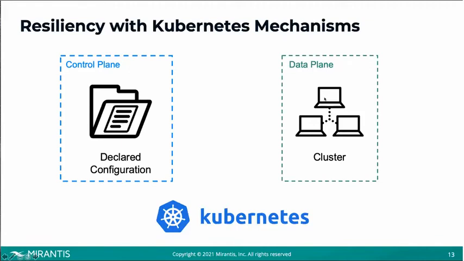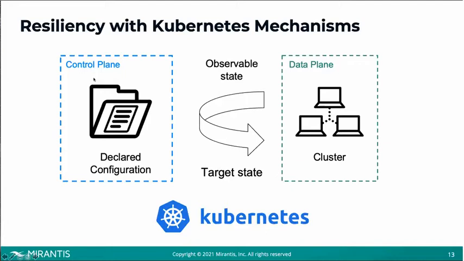And then here we have what's called the declared configuration. In other words, this is part of the control plane. This is where you declare up front what needs to happen in order for your application to run. So here you would have what's running at any given point in time, and here's what the source of truth actually is. This needs to run in this certain way.